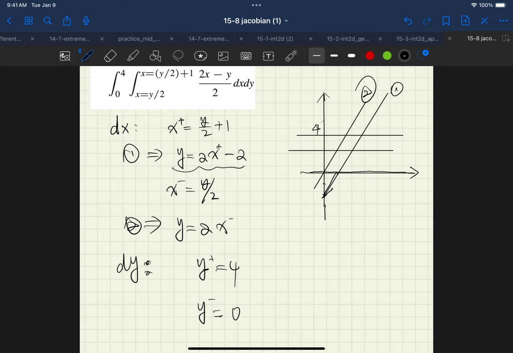So this is the upper limit. Let's say this is number 3, number 4, then the upper limit for y is here, and this is 4. So 4 is the x-axis.